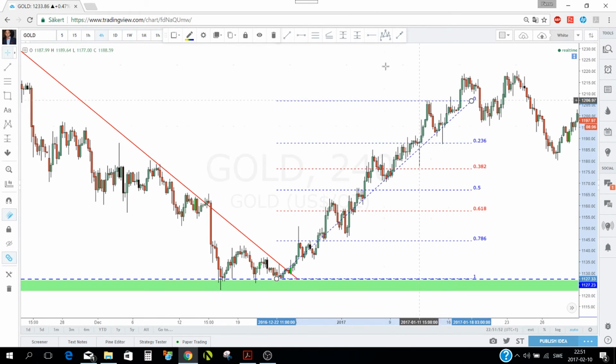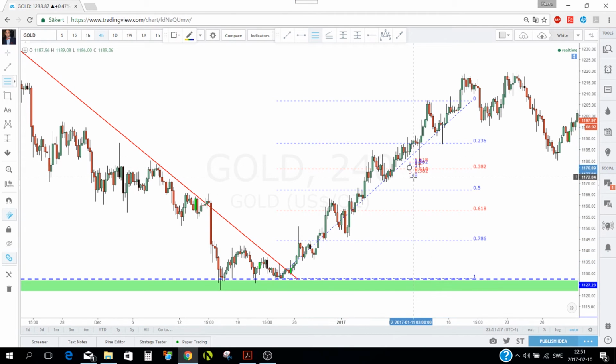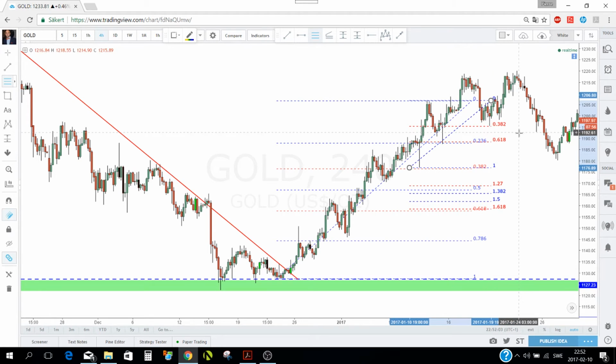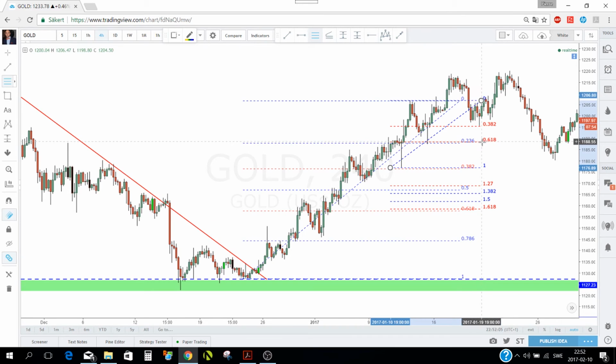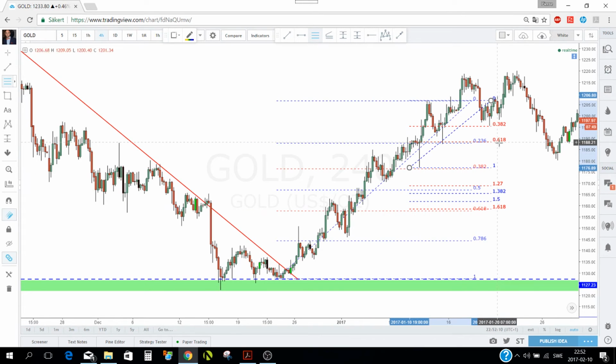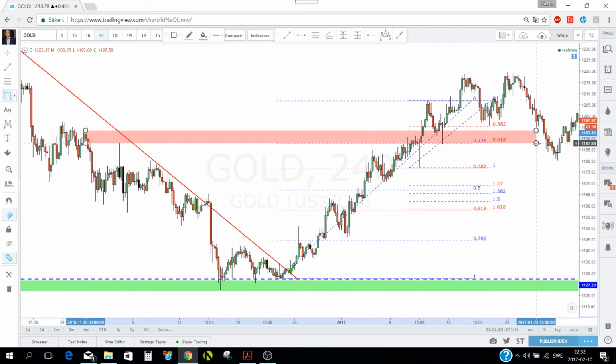And if we take another Fibonacci retracement tool from this last low to the last high we had back then, they are almost exactly at the same level, the 23.6 and the 61.8. And once again we look left and we see that this whole structure here can also help us to find support and resistance.